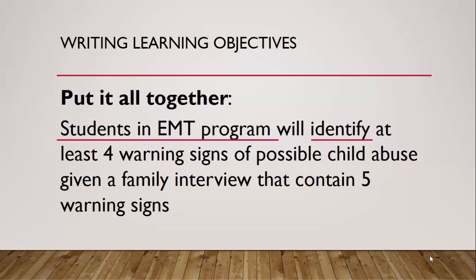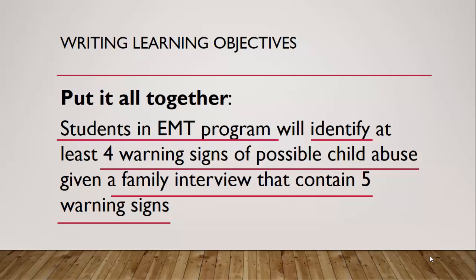B, will identify. C, given a family interview that contains 5 warning signs. D, at least 4 warning signs of 5 possible child abuse, which means 80% accuracy.